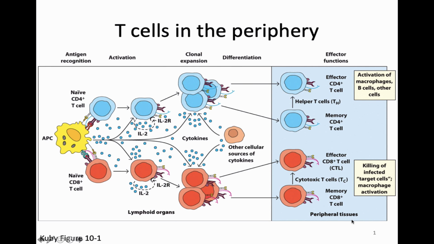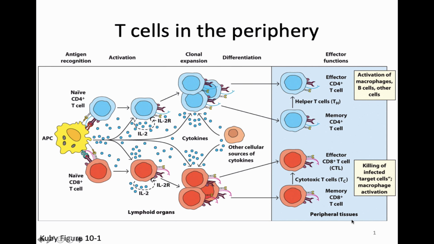And we've looked a bit at the differentiation, particularly of CD8 T cells, where they go from being a CD8 positive T cell to becoming an effector CTL that can perform cytotoxicity and kill some infected cell in the periphery.